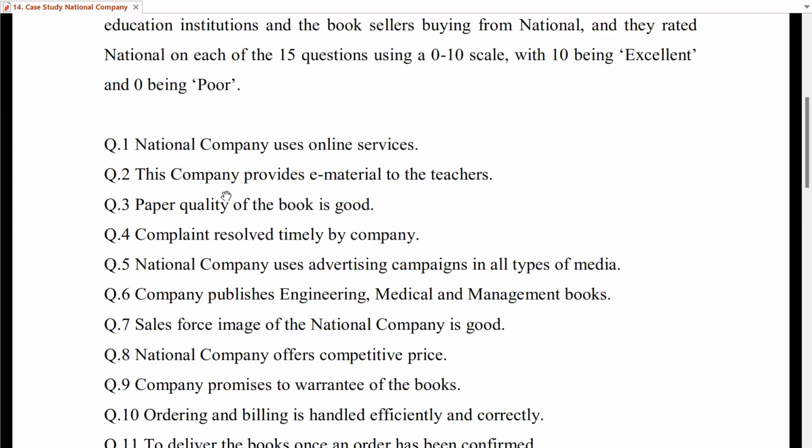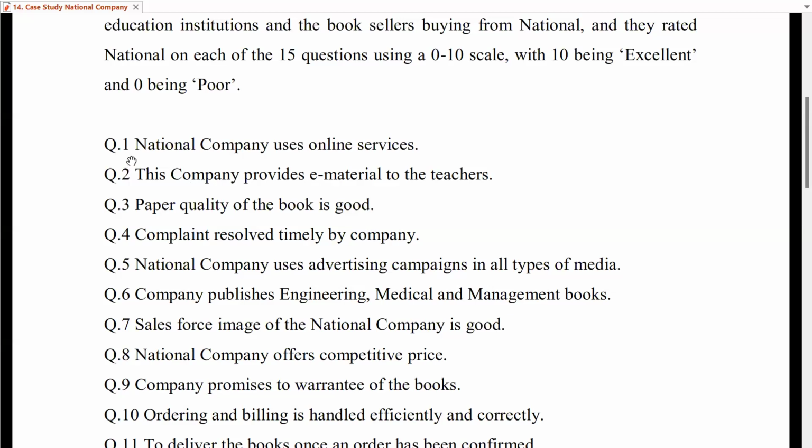These are our statements, or you can say items or questions, or observed variables. Is it clear? Observed variable means we can directly observe. Unobserved variable means latent phenomena, basically a construct, an abstract thing which we cannot directly measure. But by using items or questions, observed variables or manifest variables, we can understand the latent phenomena.